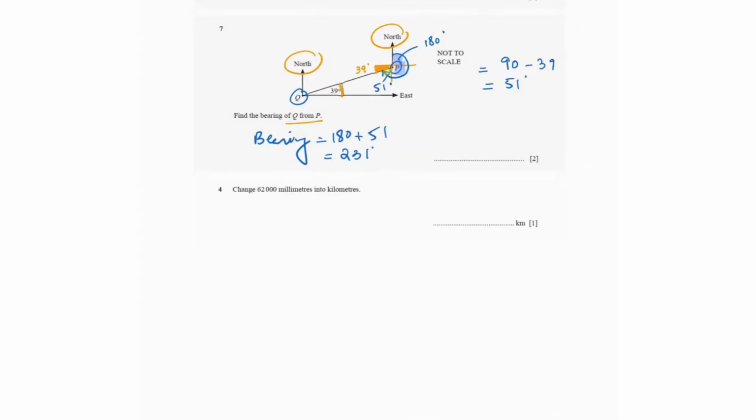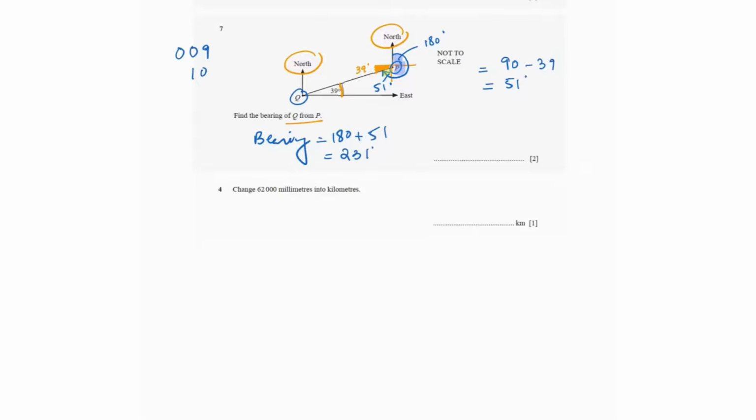Your concept of alternate angles will always be used in bearings, like every single time. And also remember that the bearing is measured always in clockwise direction, never in anti-clockwise direction. The bearing is always written as a 3-digit number, not a 2-digit number or a 1-digit number. For example, if the bearing is 9, I will write it as 009, not 9.